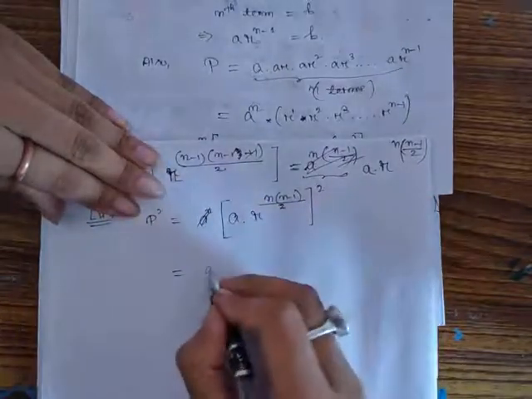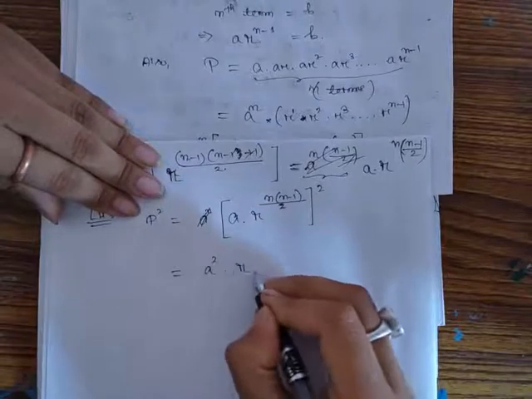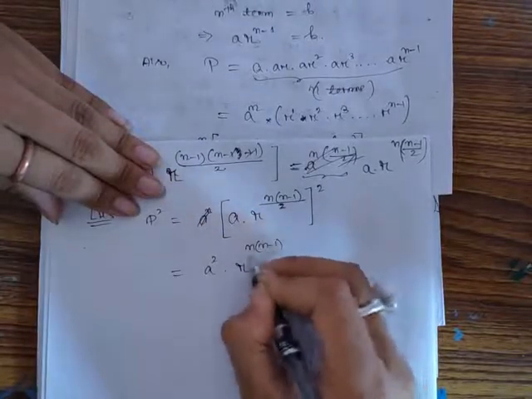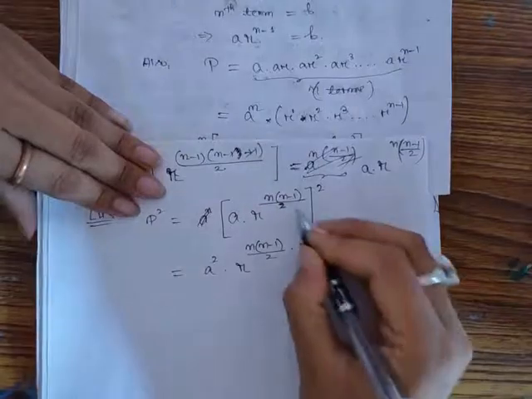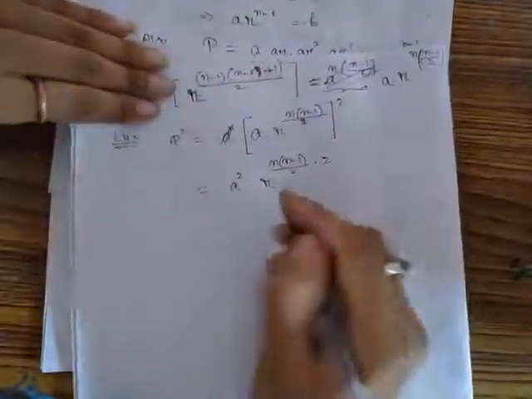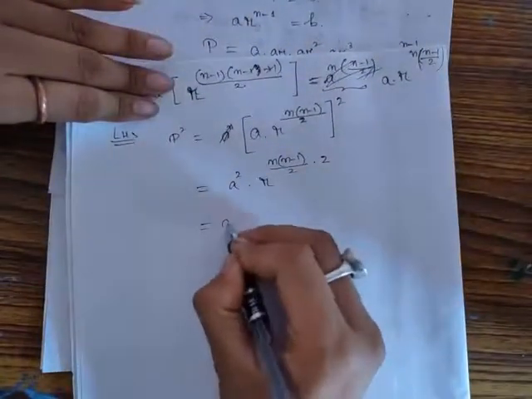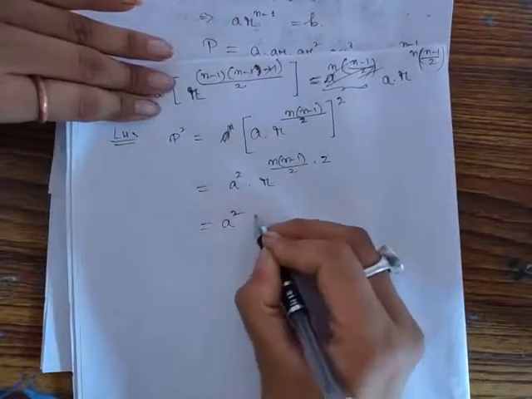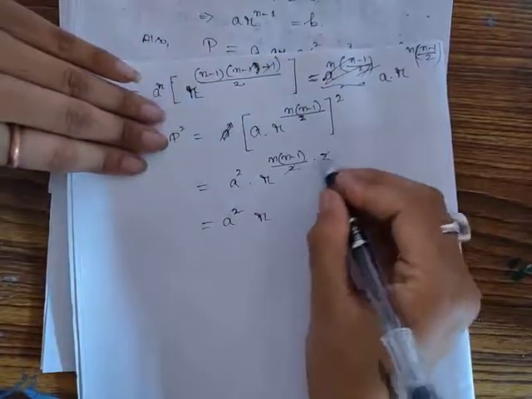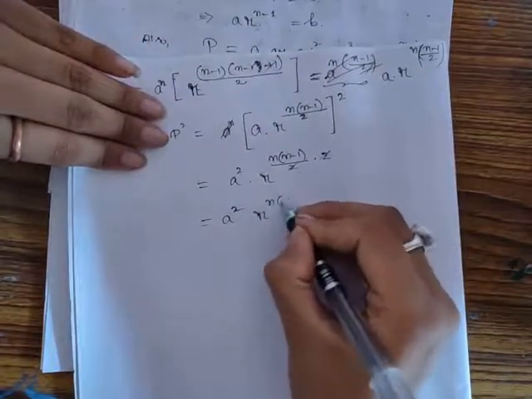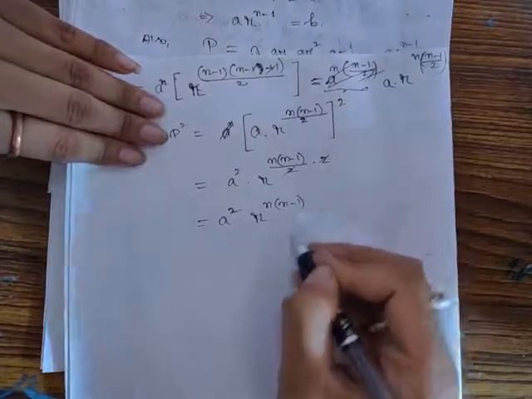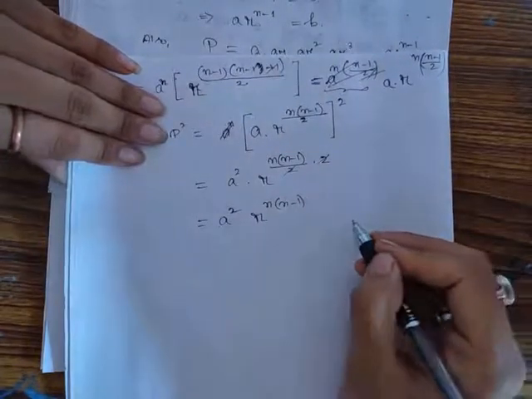We have a square into r^n into n minus 1 by 2 into 2, this square gets multiplied with the power. So we will be left with a square r to the power 2n into n minus 1.